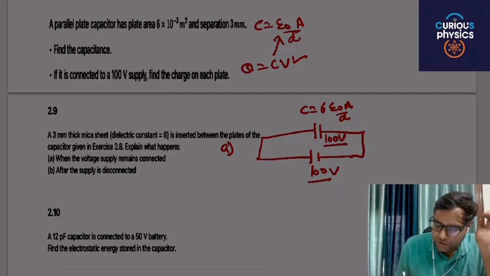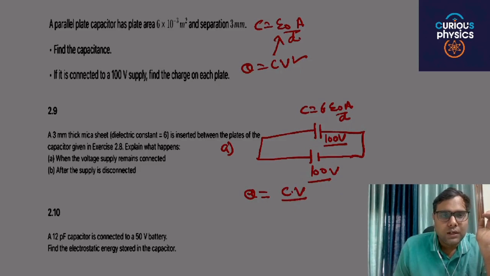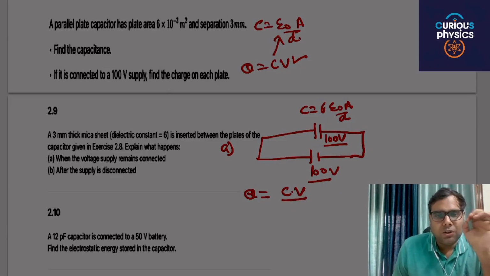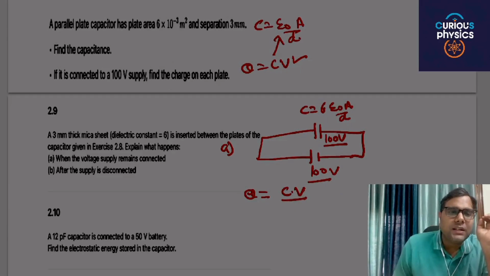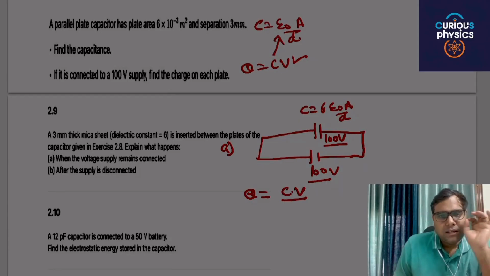Then the charge will be simply C into V, so 6 epsilon naught A by D into 100. The charge will increase by 6 times. Are you able to understand my point?